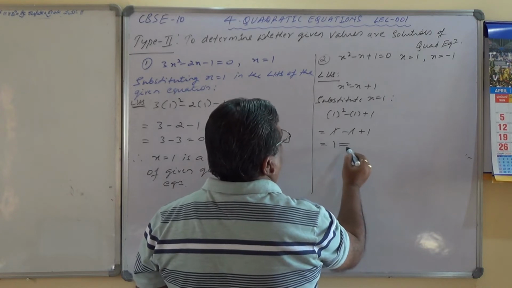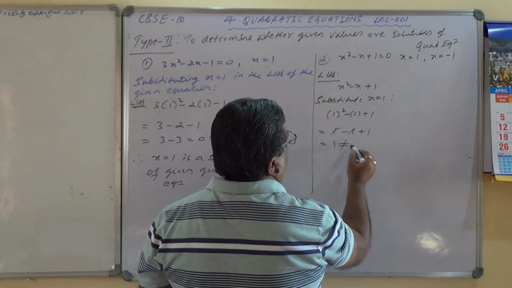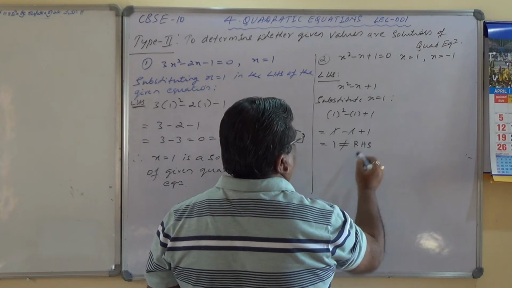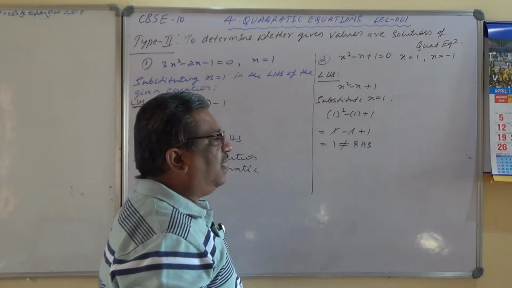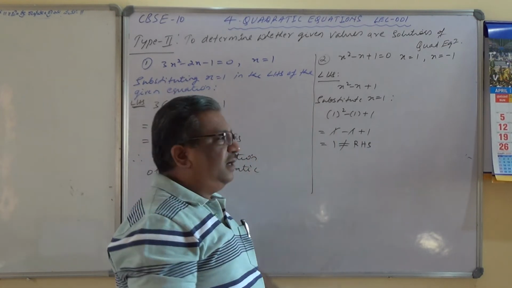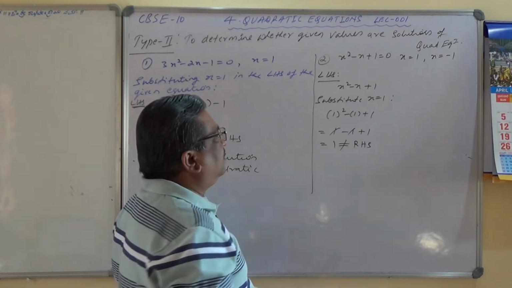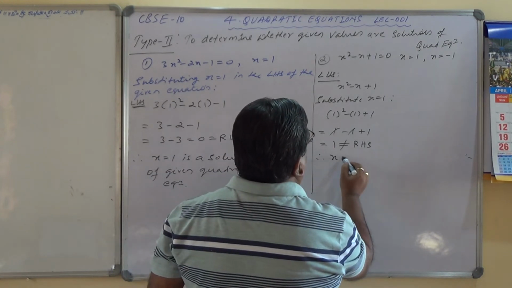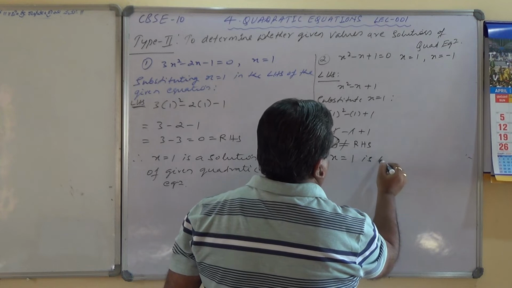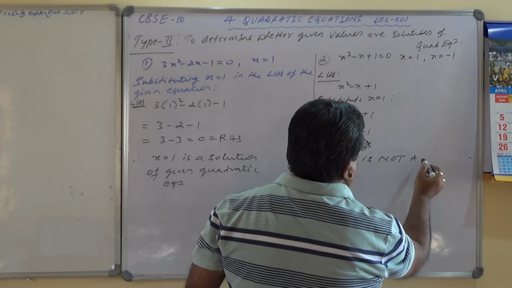So which is not equal to RHS. Is it right? What is RHS over here? RHS is basically 0 here, and therefore it is not equal to RHS. Therefore x equals 1 is not a solution.